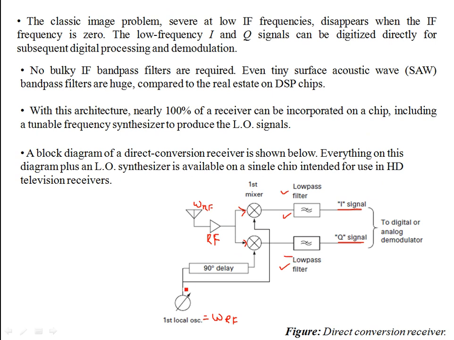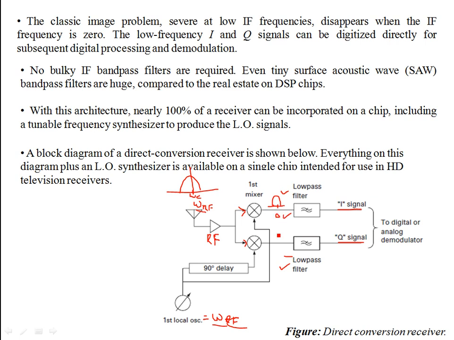So if the local oscillator frequency matches the frequency at which the signal is modulated, here the antenna is receiving the spectrum centered at omega C, and my oscillator is also at omega C. So the difference is the baseband signal, which is going to be at 0.